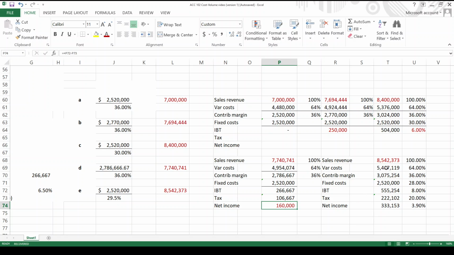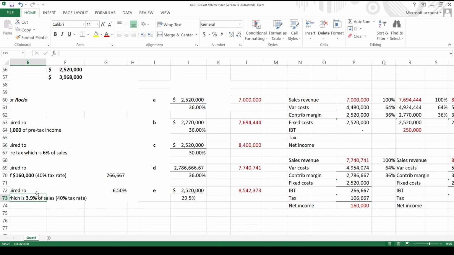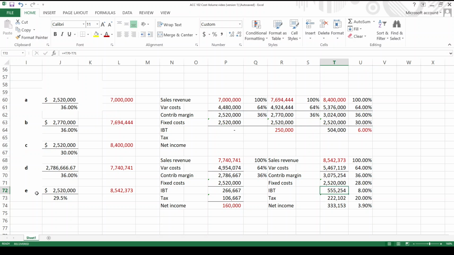And finally, the last one, what's the story? We want 3.9%, I believe. Yes, 3.9%. Want that to be the net income as a percentage of sales. So here's the crazy number we came up with. Subtract the variable costs, 64%.